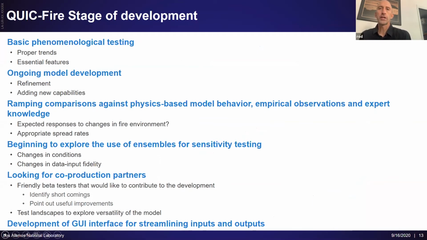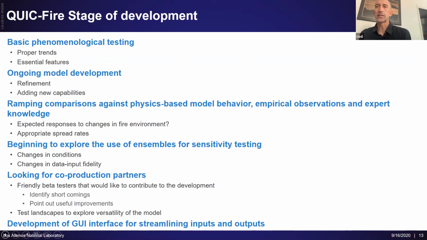So where we are today, as I mentioned, it's a work in progress that needs your help desperately. We've been doing a lot of exploration on basic phenomenological testing, but there's only so much we can do without input from the co-production community. There's ongoing model development every day.